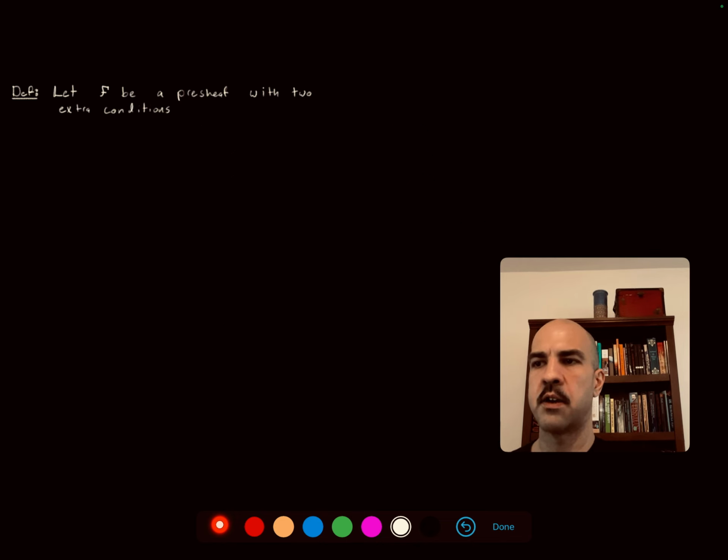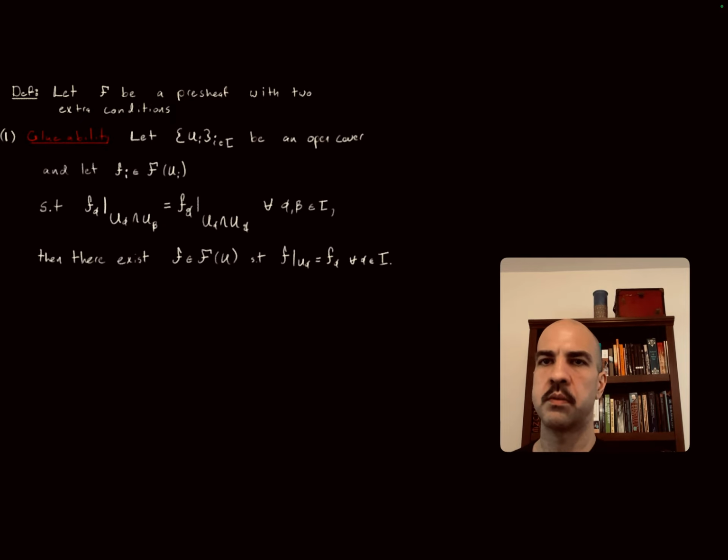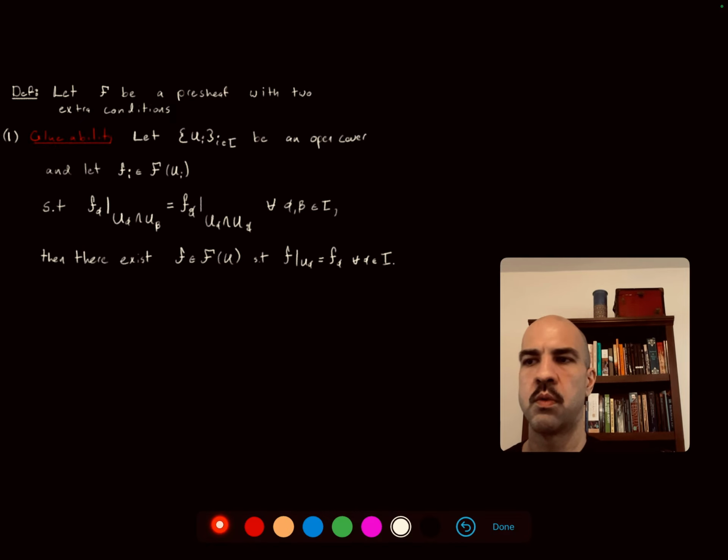So now let's define a sheaf with a few extra conditions. The first condition we're going to impose additionally on these presheaves is that we take an open cover of the space, and we take some section f sub i in the functor applied to some open set in this open cover.